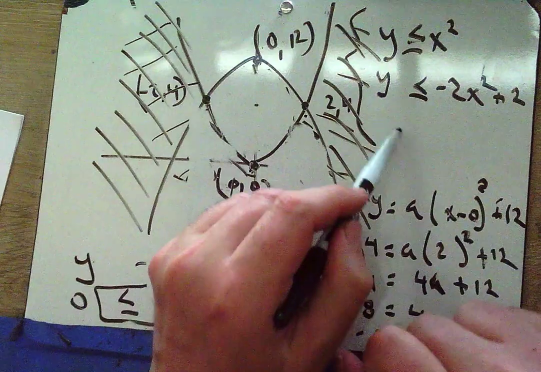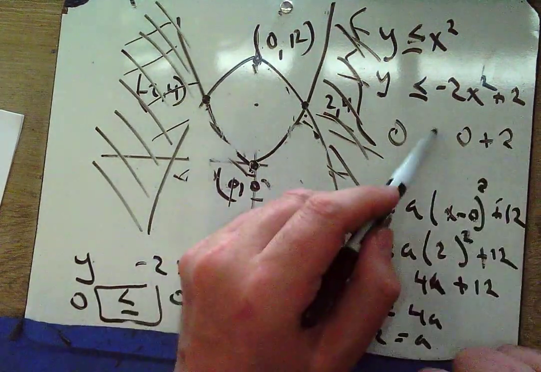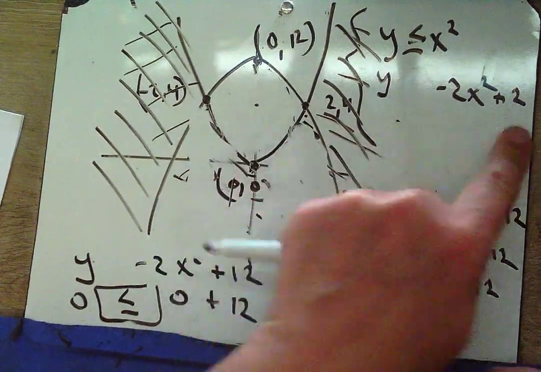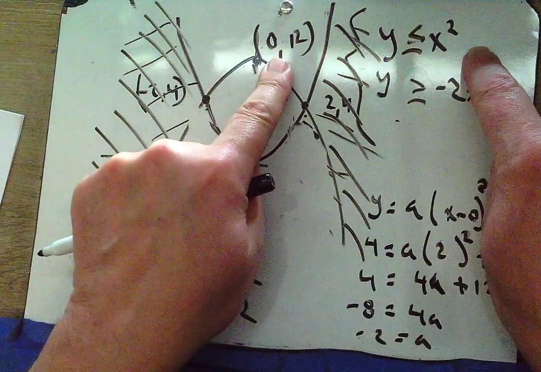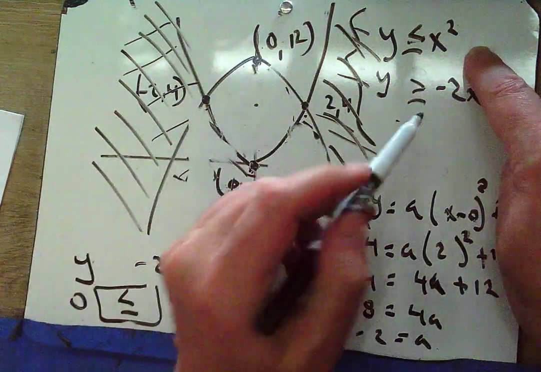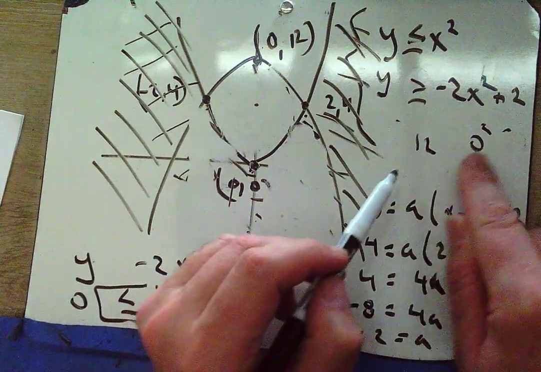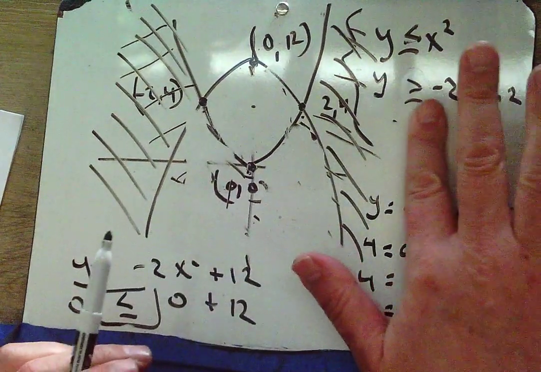So if I plug in zeros, I want this to be a no, and so I need that inequality. So that's got to change. And this one, I want 0, 12 to be a no. So 12, 0 squared, I want this to be a no. So I need that. And I had that from the last one.